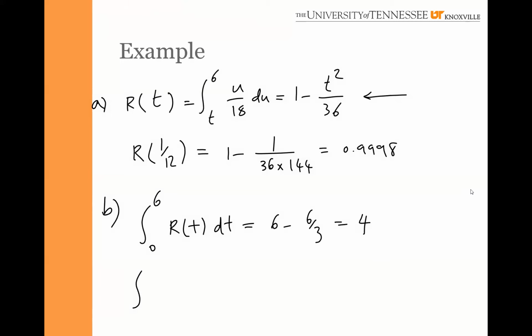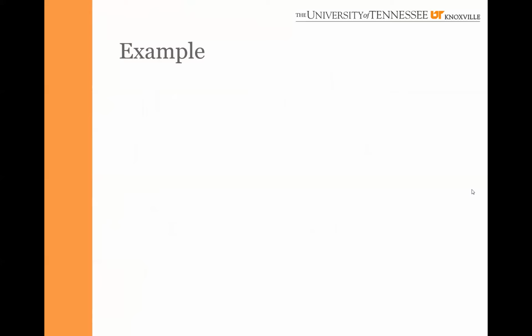If you prefer to use the first method, you can integrate from 0 to 6 of t f(t) dt, which is equivalent to 0 to 6 t squared over 18 dt, and this also gives you 4, so it doesn't matter.